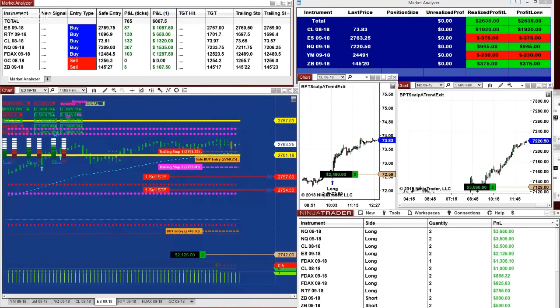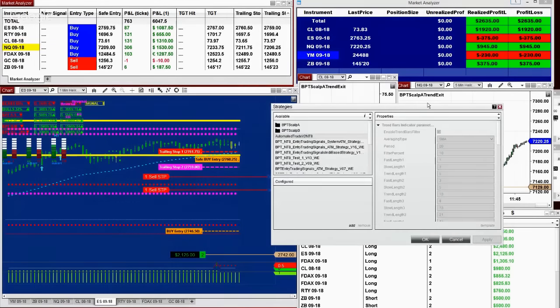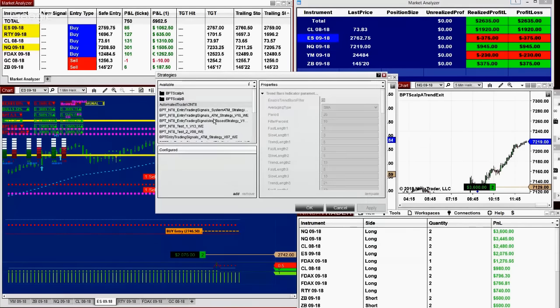Let me see if we can. On this system here, the price action system, it comes with three different types of automated trading.